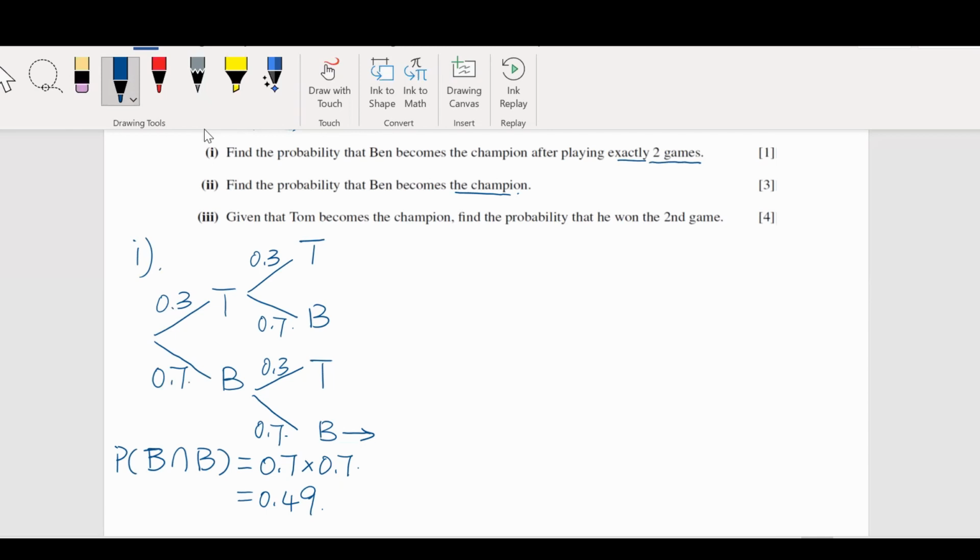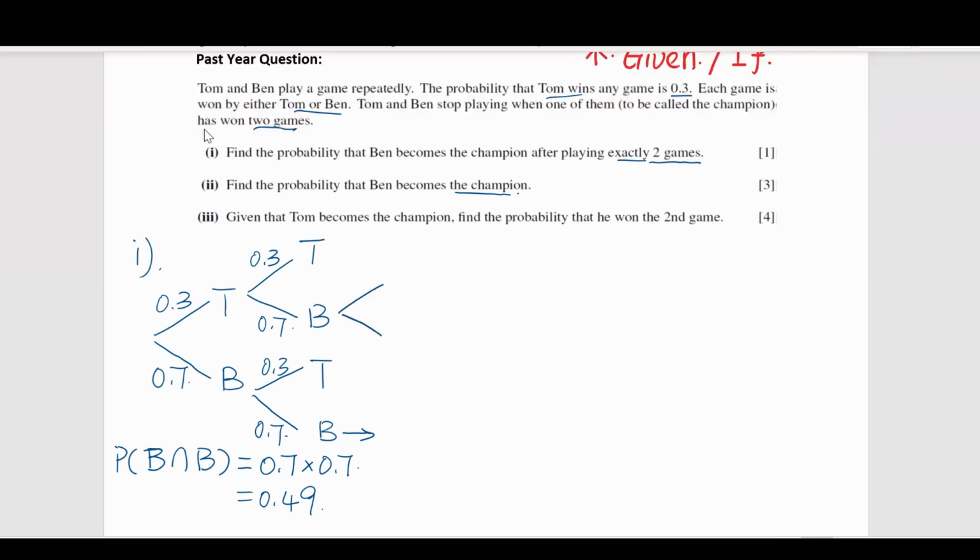Then they have to play the third game, and the probability Tom wins is still 0.3, and Ben wins is 0.7. All right. Or maybe Ben wins the first game, followed by Tom winning the second game. This is where they have to play the third game too, with the same probabilities. So this is the probability tree diagram in which one of them will become the champion.